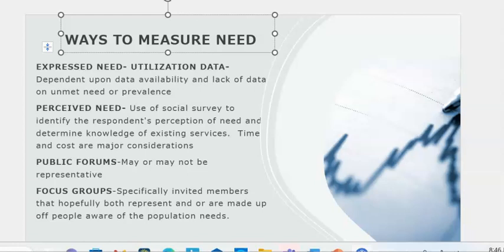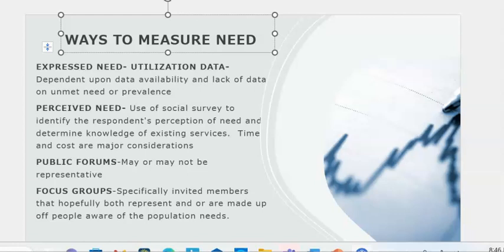Ways to measure perceived need: we can use a social survey to identify the respondent's perception of need and determine knowledge of existing services. Some of the concerns are time and cost, and getting return on surveys is also a concern.